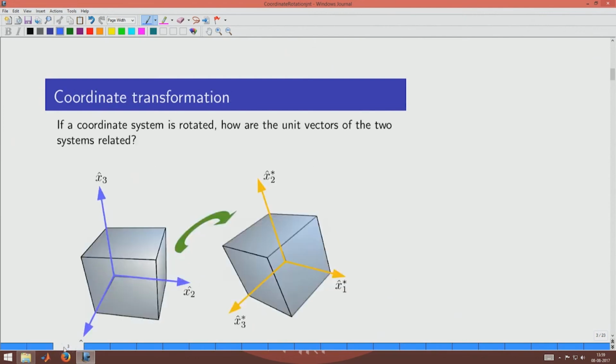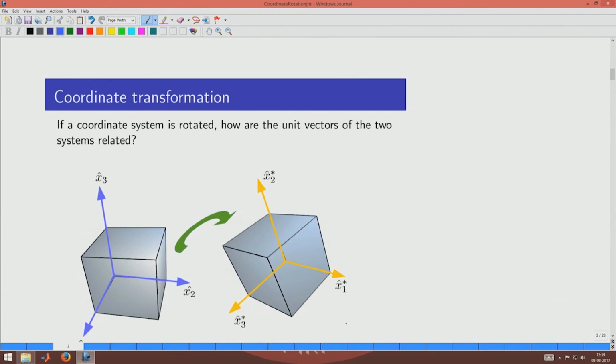So, by coordinate transformation, as I mentioned earlier, we are only going to look at the rotation. Assume that the origin of the coordinate system has not changed and we have only done the rotation. Ensure that the way we have described the three axes x1, x2, x3, the handedness has not changed, namely the right handed nature of the coordinate system is preserved.